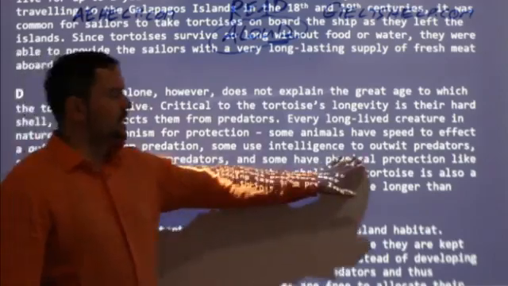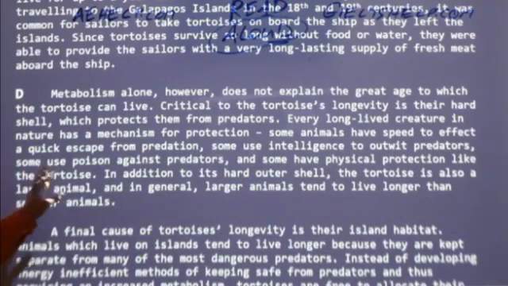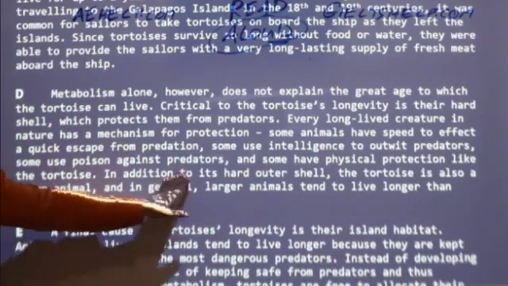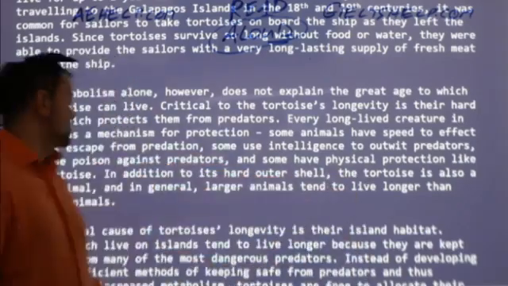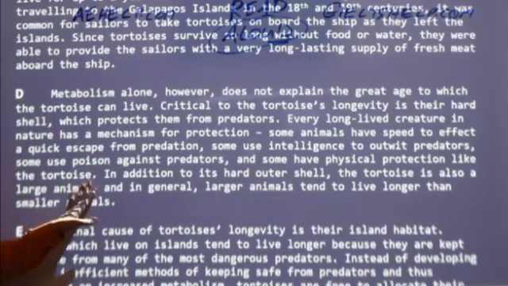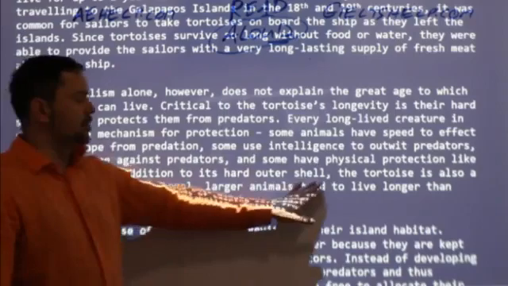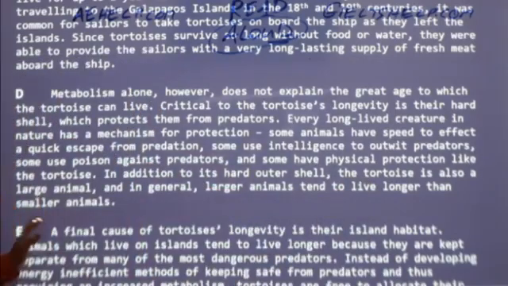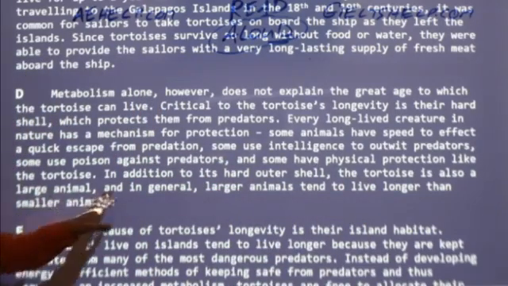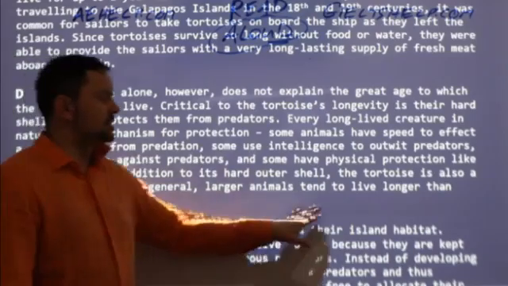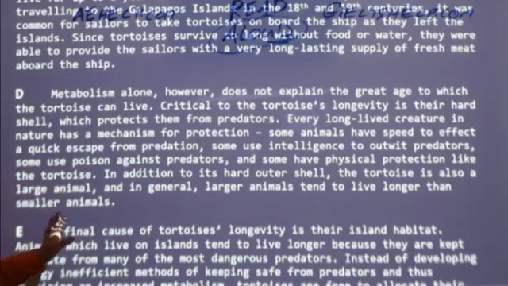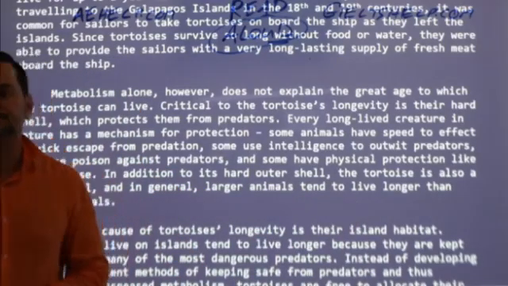Some use intelligence to outwit predators. Some use poison against predators. And some have physical protection like the tortoise. In addition to this hard outer shell, the tortoise is also a large animal, and in general, larger animals tend to live longer than smaller animals.